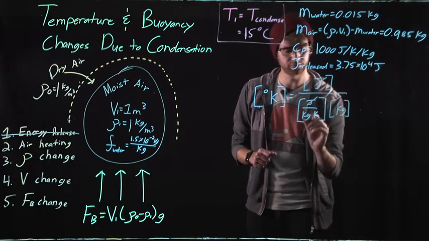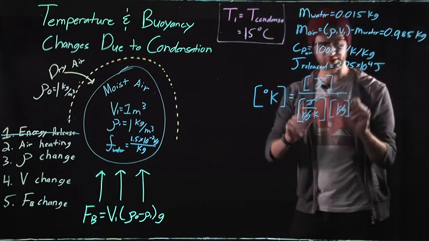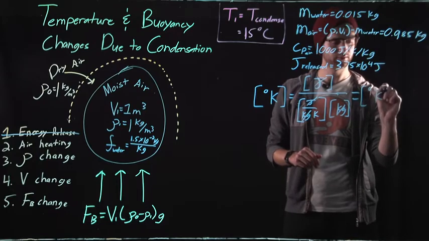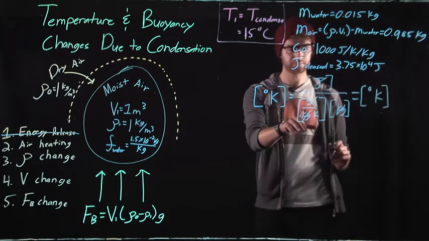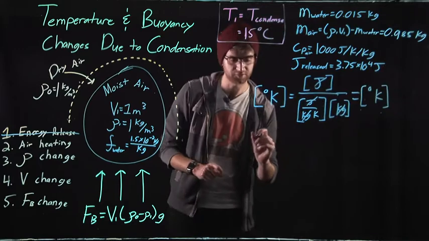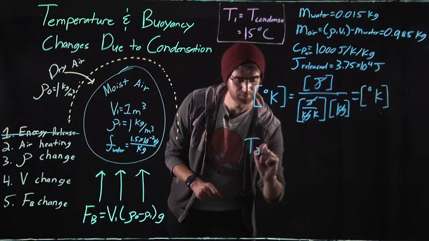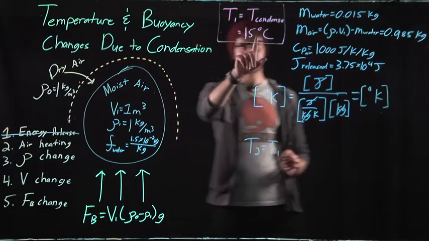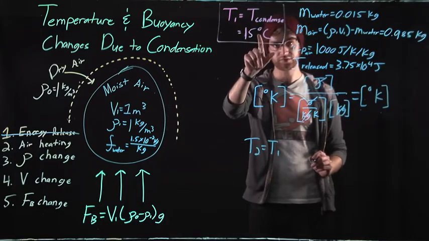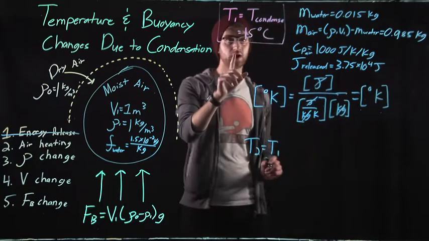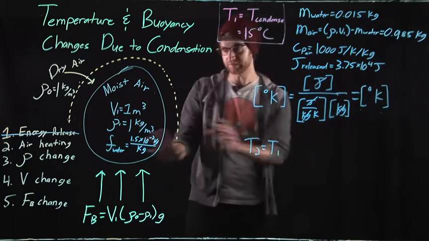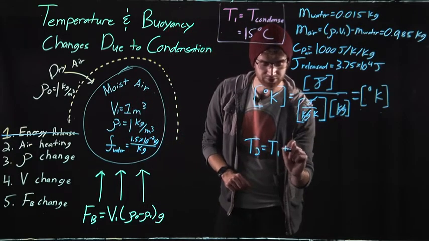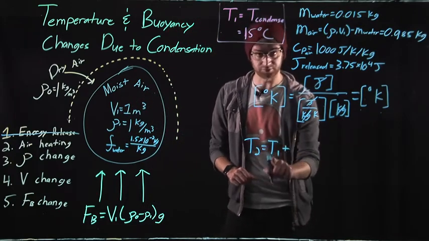So the joules cancel, the kilograms cancel, and we invert, and we end up with units of degrees Kelvin. That must mean our formula is T2 equals T1, because remember, the condensation happens at 15 degrees Celsius, so there's already a temperature associated with this parcel of air. Any temperature change must be in addition to this original temperature.